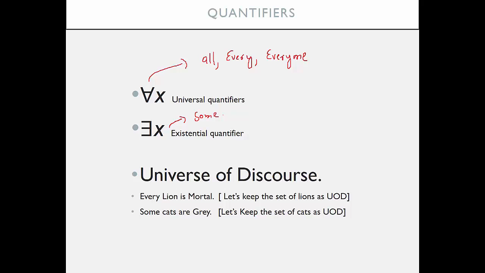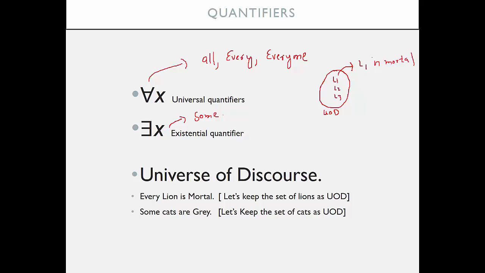For example, we have a universe of discourse, and in this universe of discourse, each and every entity is a lion. For example, L1, L2, L3. These are all lions. So with this, if you look at this English sentence, it says that every lion is mortal, which means that if I take L1 out and I am talking about L1, then L1 is mortal.